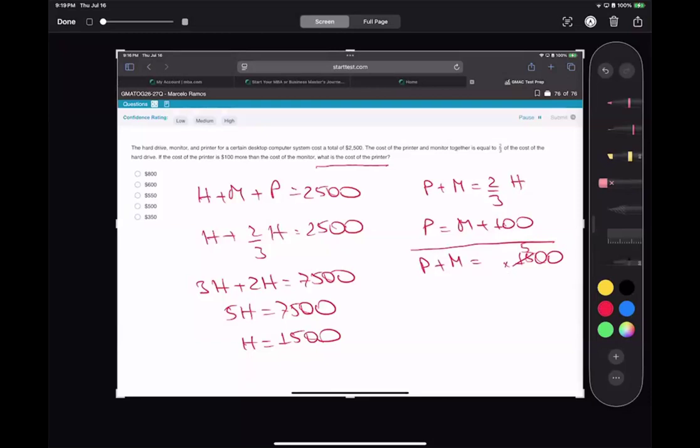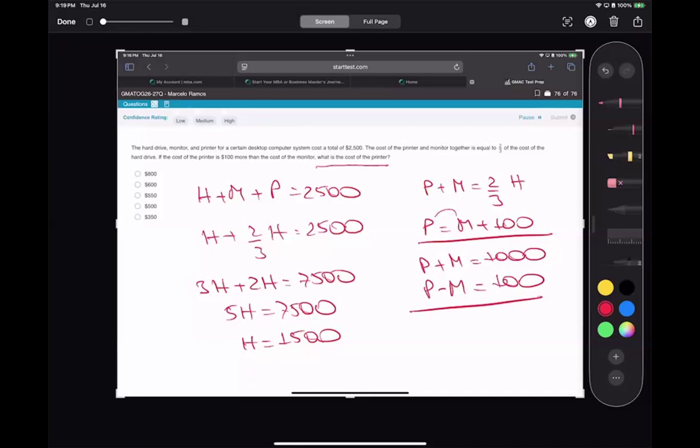So P plus M is 1,000. Do you agree? P minus M is 100. The monitor and the printer. So 2P is equal to 1,100. So P is 550. I think this is the best way. Okay?